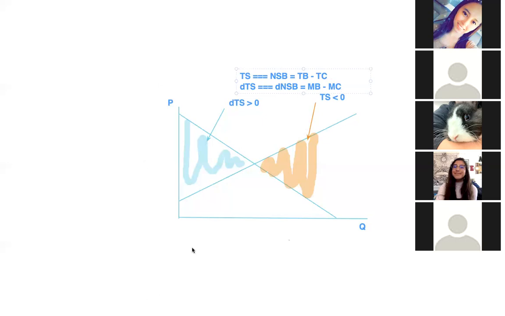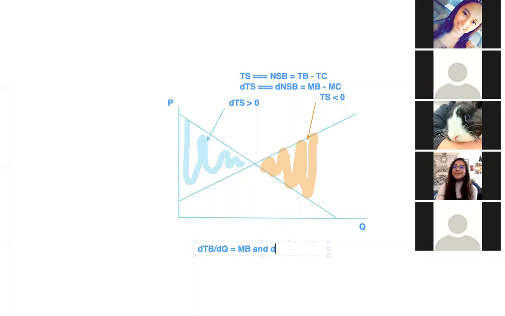But remember, there's a special name for these. The change in total benefit, as we change the quantity, is equal to marginal benefit.